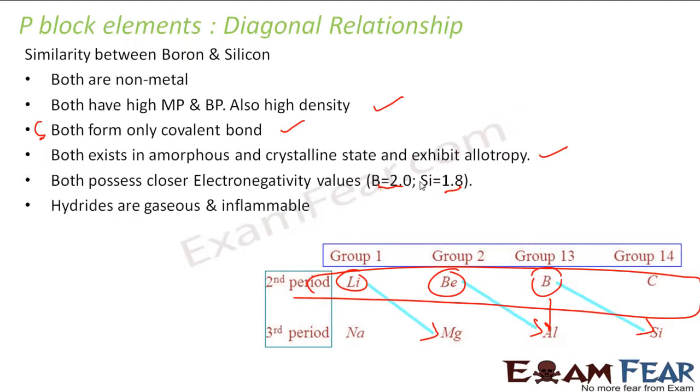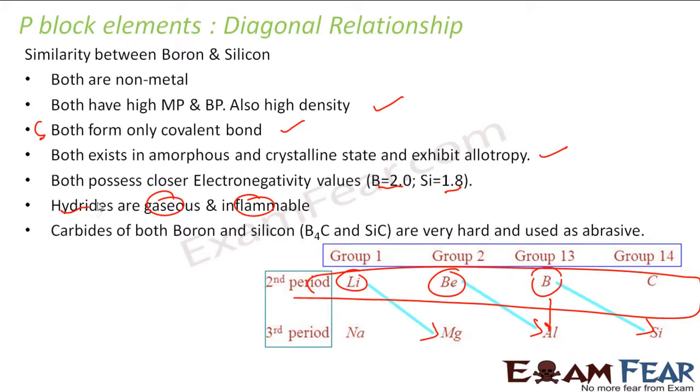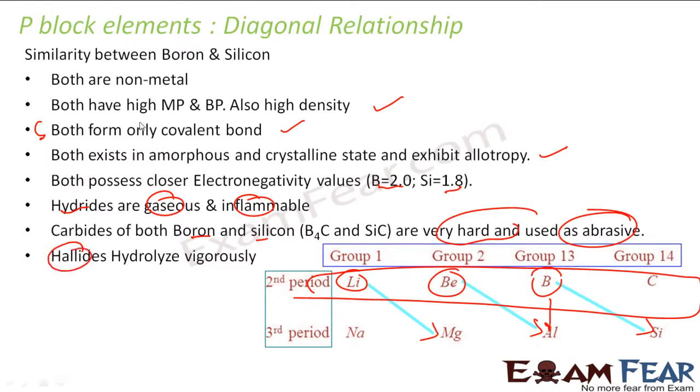The value is almost the same. The hydrides of both are gaseous and inflammable. The carbides of both boron and silicon are very hard, and they are used as abrasives. The halides of both boron and silicon hydrolyze very vigorously. The oxides of both boron and silicon are acidic, obviously, because both are non-metals.